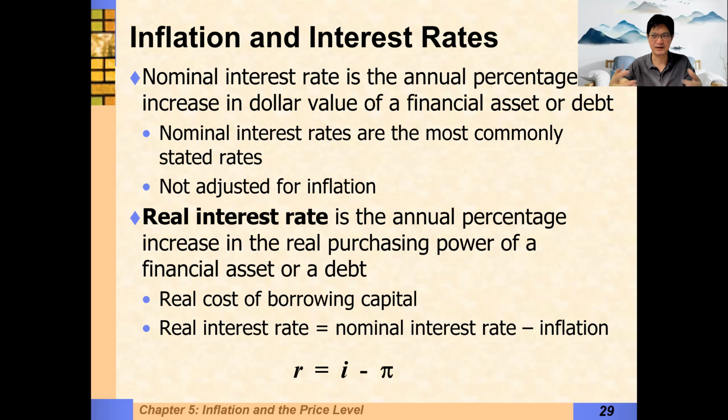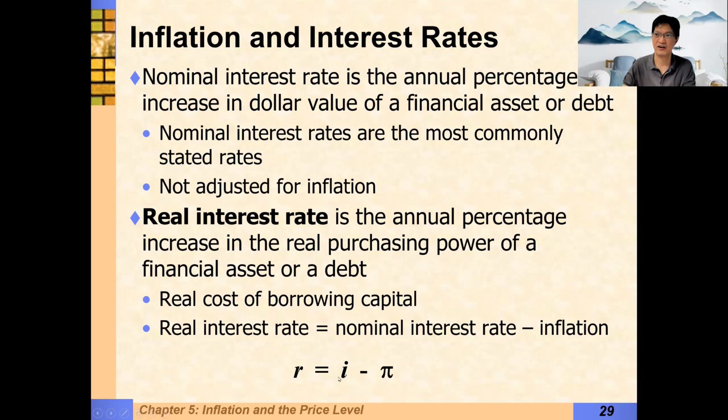That is, in the capital markets where people are borrowing and lending, how much are borrowers paying, how much are lenders being paid in real terms. That's the real interest rate. And to calculate the real interest rate, we just take the nominal rate and subtract out the inflation rate. That gives us the real interest rate.